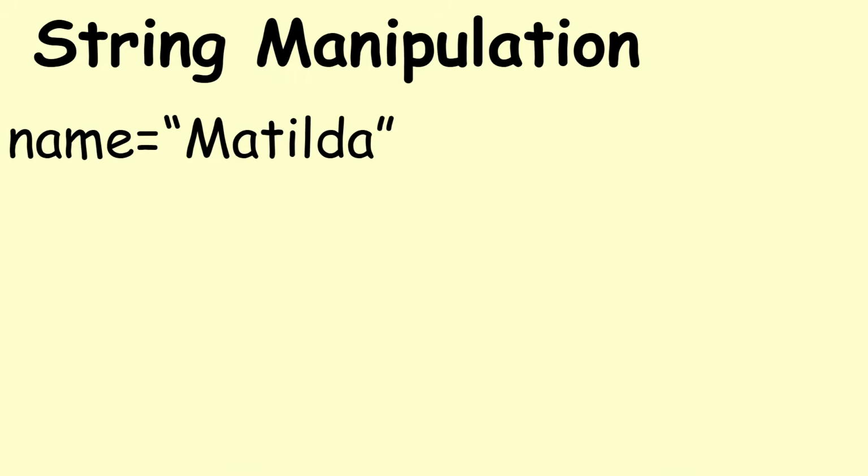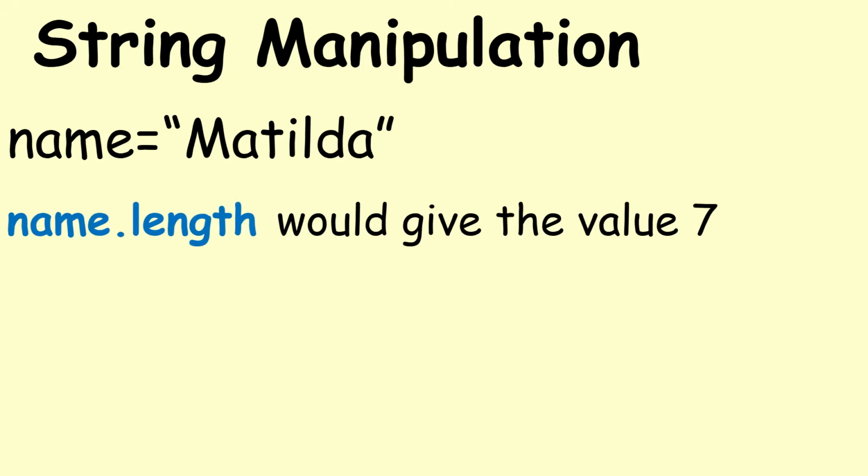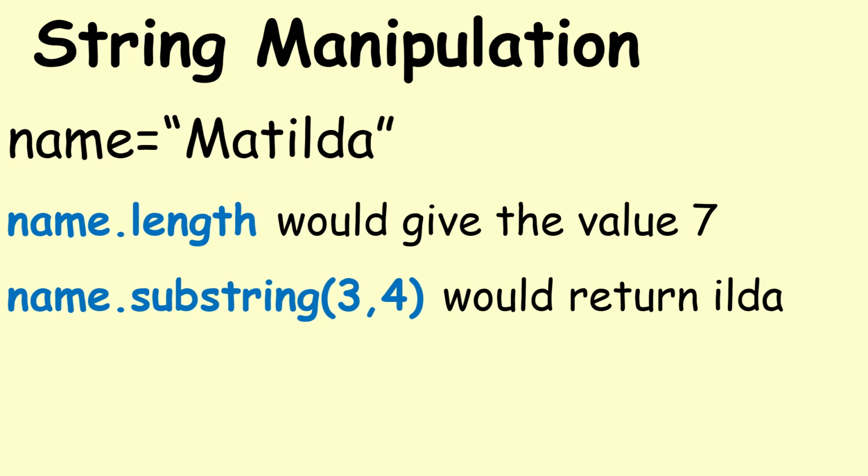String manipulation. So if I've got a variable name and I've got the name Matilda in that variable, the command name.length would give the value of 7, because that's how many characters we have. Name.substring 3, 4. 3 is our starting index. So remember that we always start with the first index being 0.